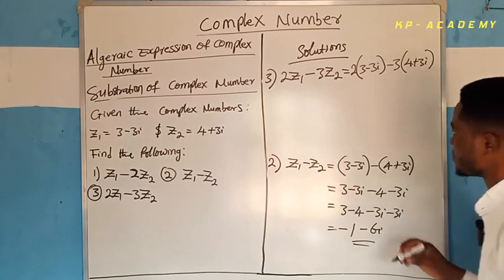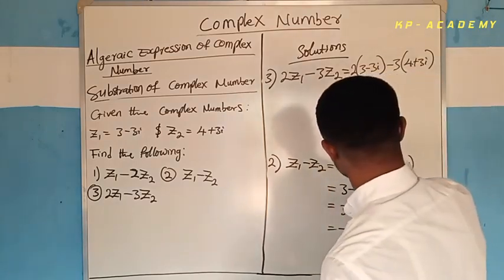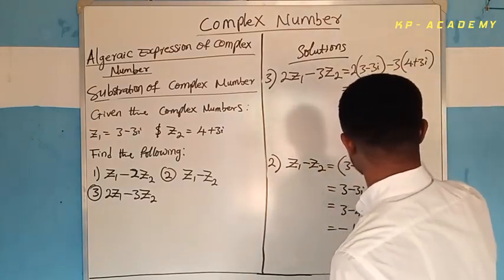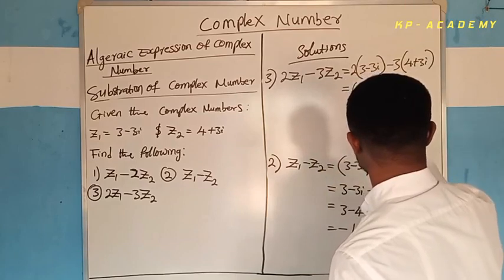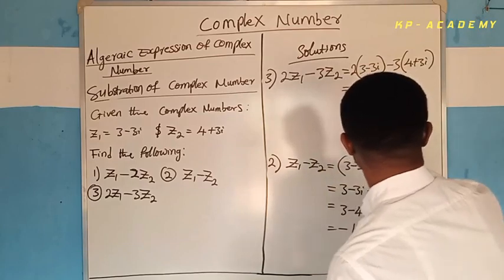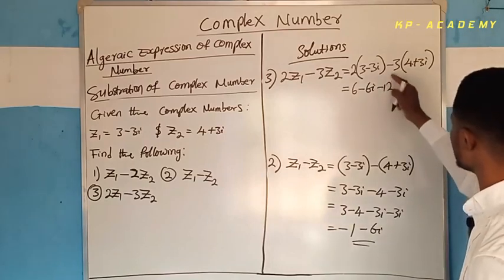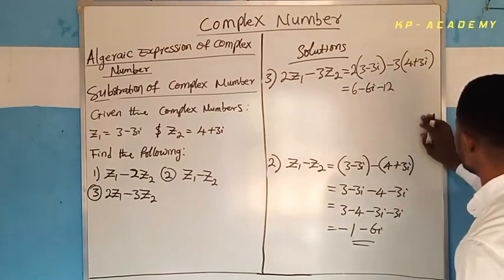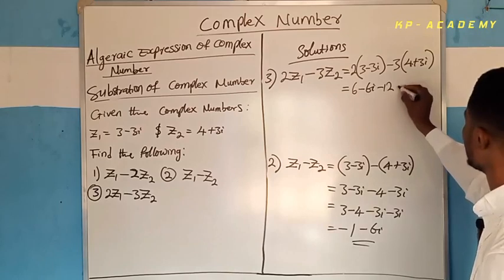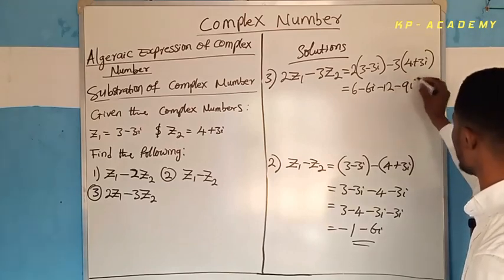Doing that, I will have that this is equal to 2 times 3, I will have 6. 2 times minus 3i, I will have minus 6i. Next, minus 3 times 4, I will have minus 12. Next, minus 3 times plus 3i, I will have minus 9i.